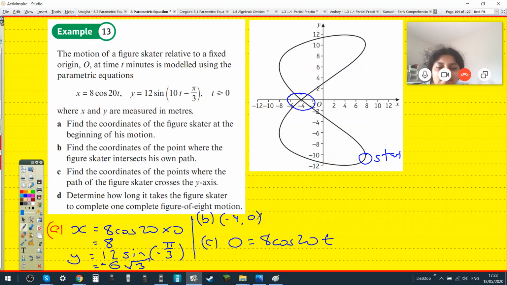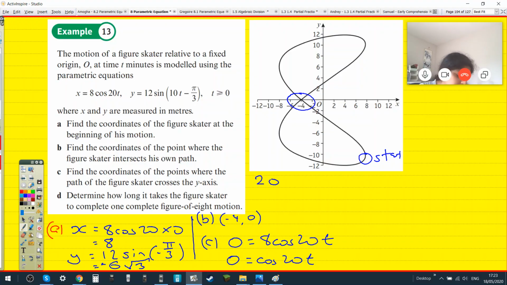Sure. So 0 equals cos 20t. And then you do 0 divided by cos 20. Wouldn't you just get t is equal to 0? How do you get rid of cosine? Oh, you arc cos. Yep.